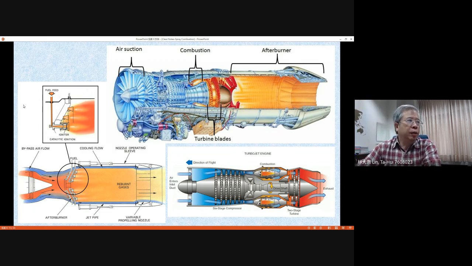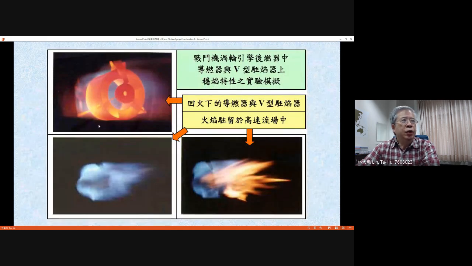This is a typical arrangement for the afterburner. You can see several afterburners arranged and connected together, and the burning in the afterburner I already explained as premixed burning. As you remember, I showed you an experimental apparatus we studied very early, and this is a typical small-scale afterburner for the firefighter.